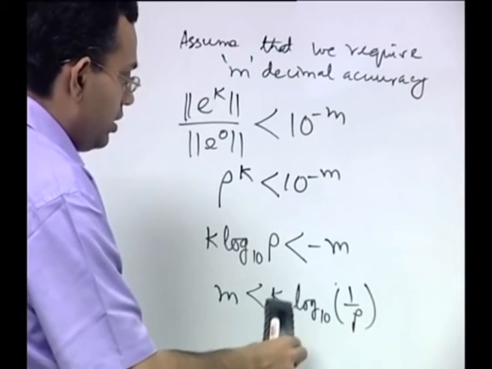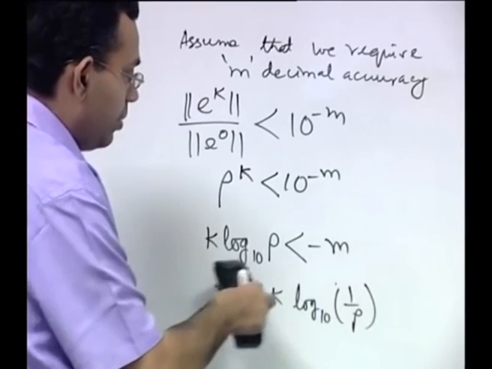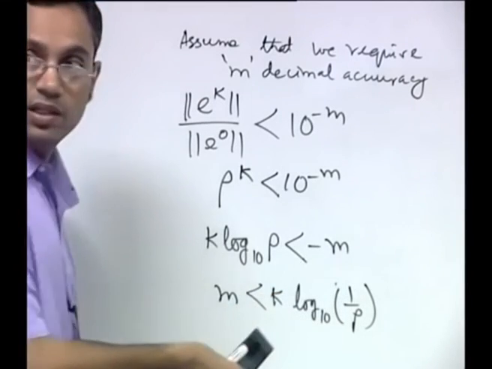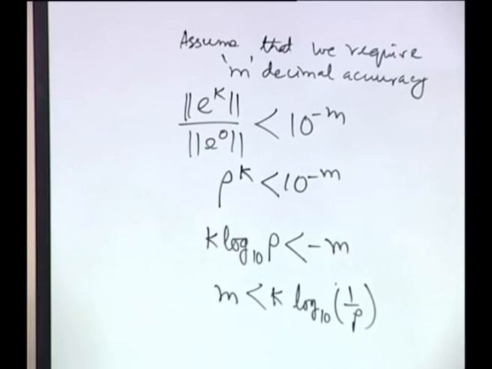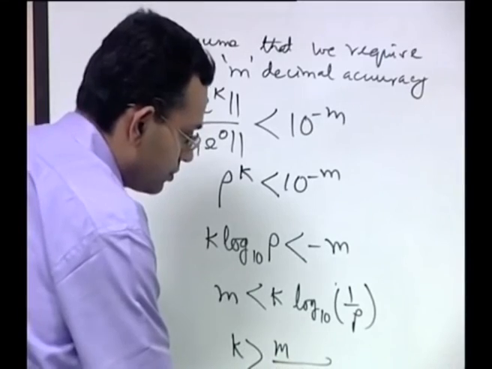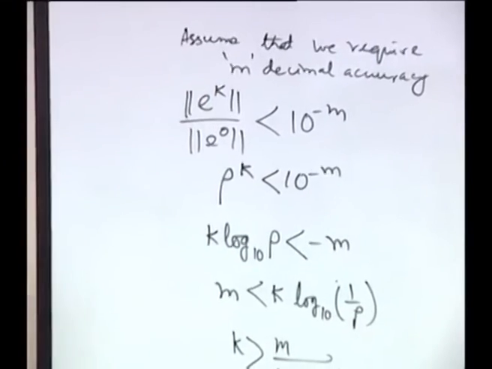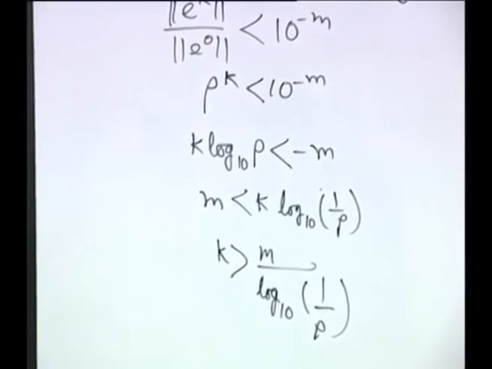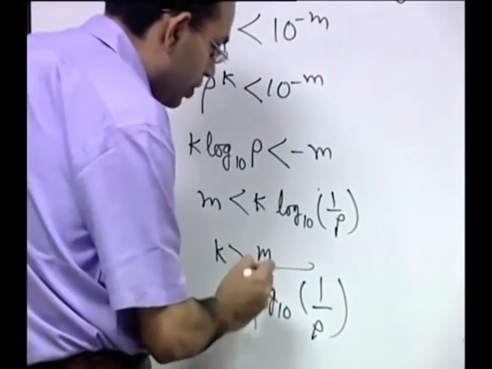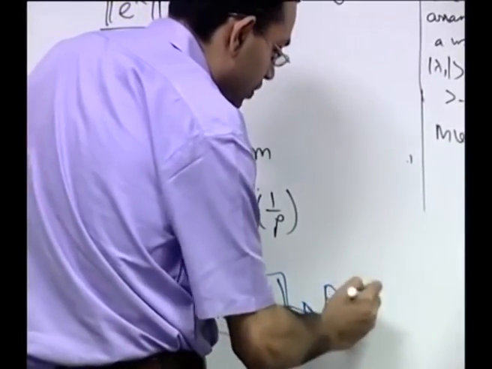So what we have done is brought m on this side and this on this side, just check whether this is alright. Then k greater than m by log 10 of 1 by rho. So this log of 1 by rho with respect to base 10, we call R, or rate of convergence.